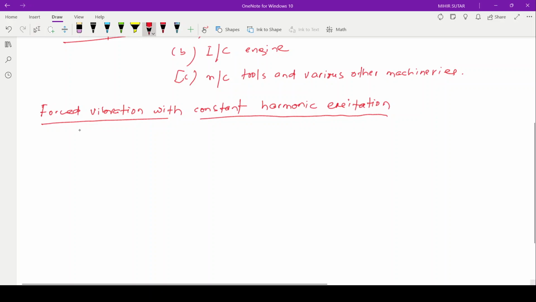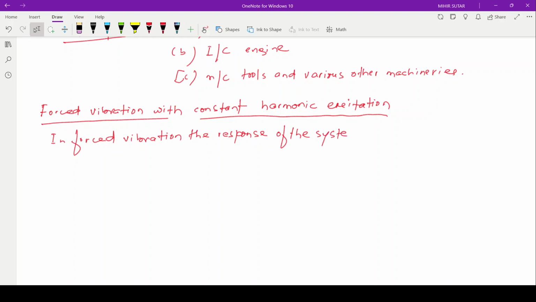So, in forced vibration, the response of the system consists of two parts.